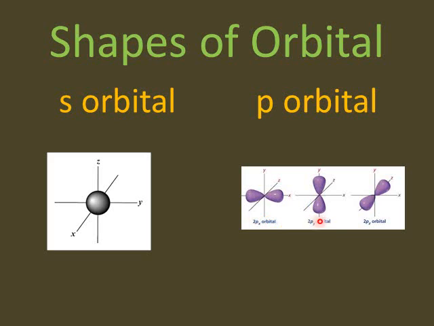So 2px, 2py and 2pz are dumbbell shaped orbitals. They both take part in bonding, and in hybridization they make new orbitals of the same energy and shape. Now we will discuss how hybridization takes place in these orbitals.